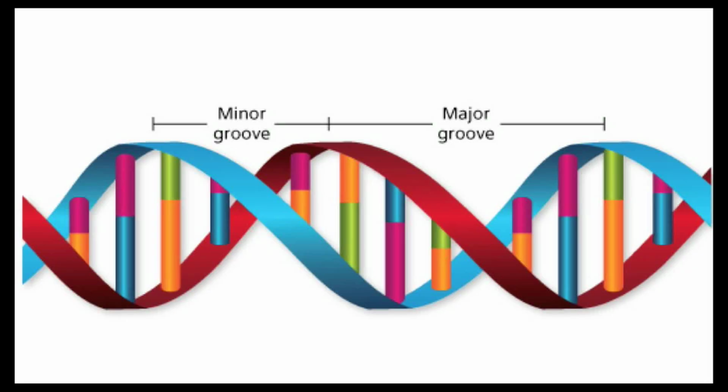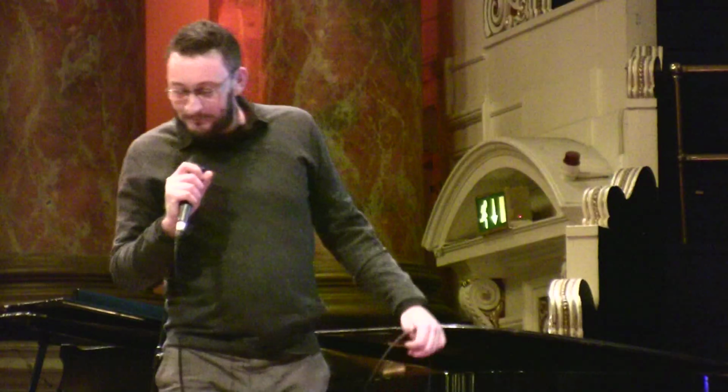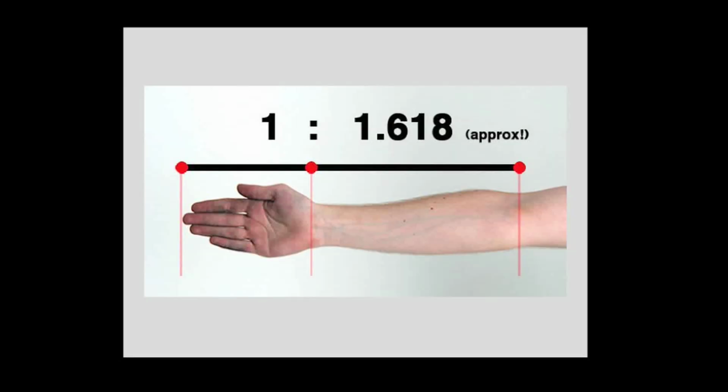But we also find it in things like DNA. So if you look at the minor groove to the major groove, can you guess what that ratio might be? That's right, well done. And we find this in physiology as well. So the length of your hand compared to your forearm is? Well done. And you can keep on subdividing bits of your body.